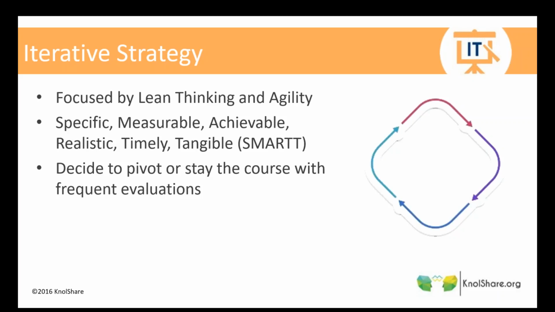We wanted to look at how we decide to pivot or stay the course with frequent evaluation. Most companies look at a quarterly boundary to make different decisions, but I was talking to one of my friends or colleagues at Salesforce.com, and their review cycle is even shorter. It's based on 2 months.